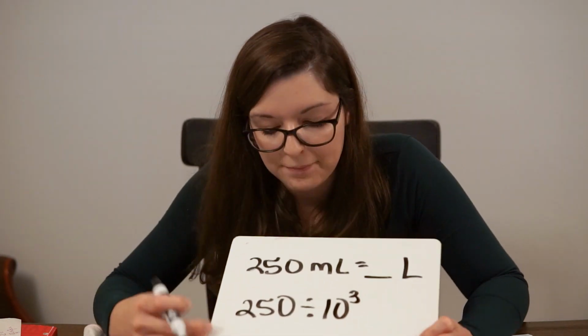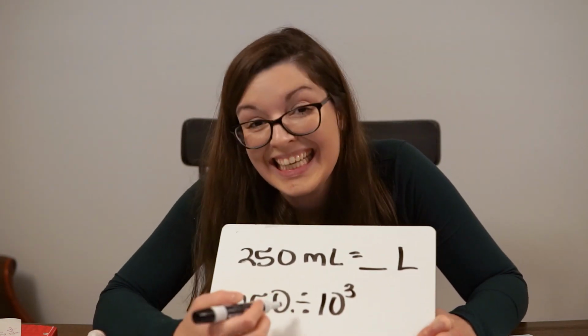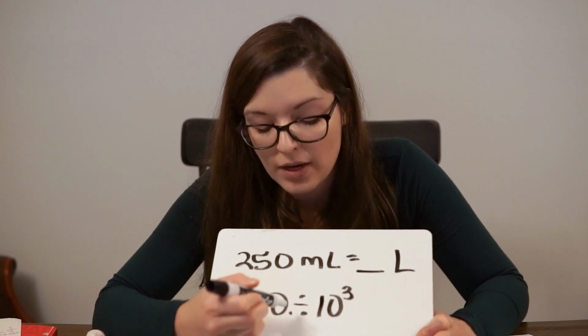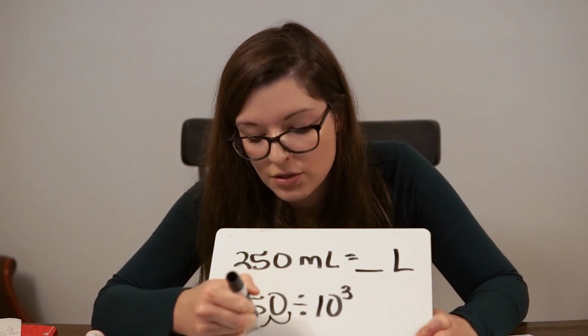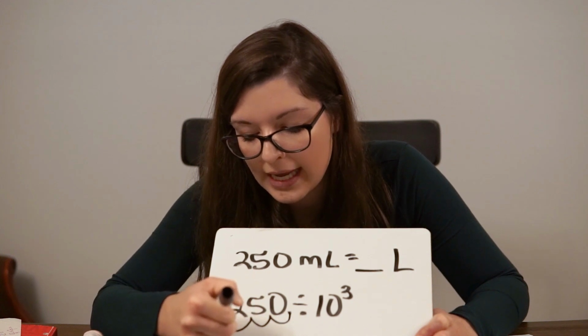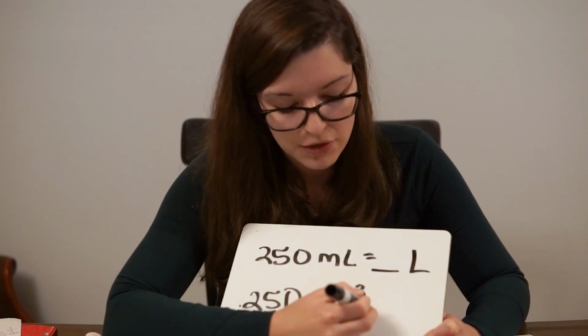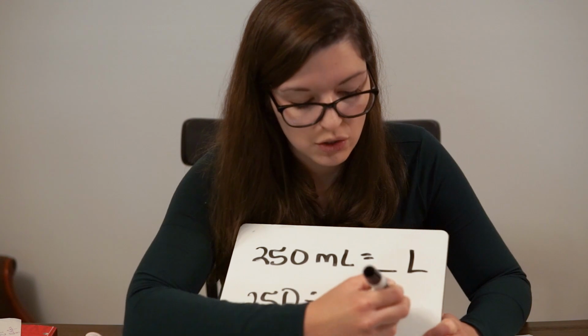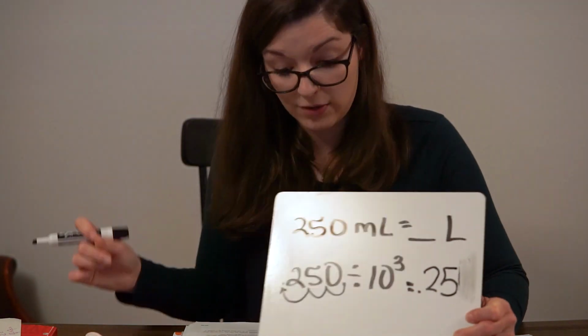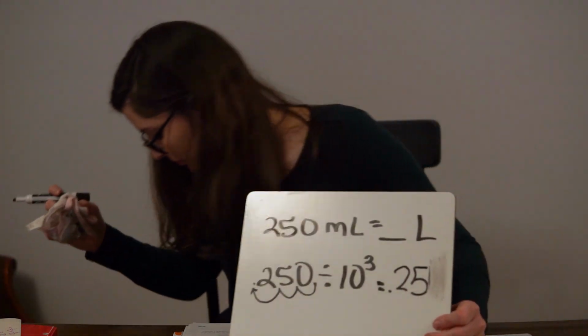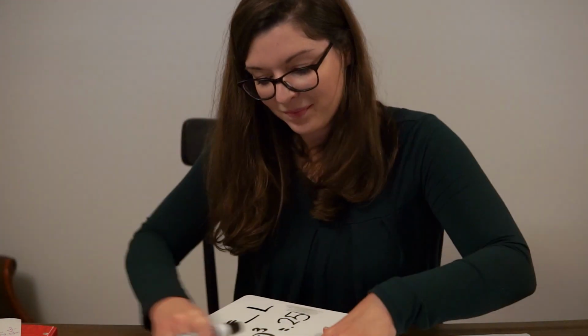This is kind of tricky. I know that there's basically a decimal at the end of this, right? And if I move it back, how many times? 1, 2, 3, I would get my answer. So the answer is 250 thousandths, or just 25 hundredths liter. Good job.